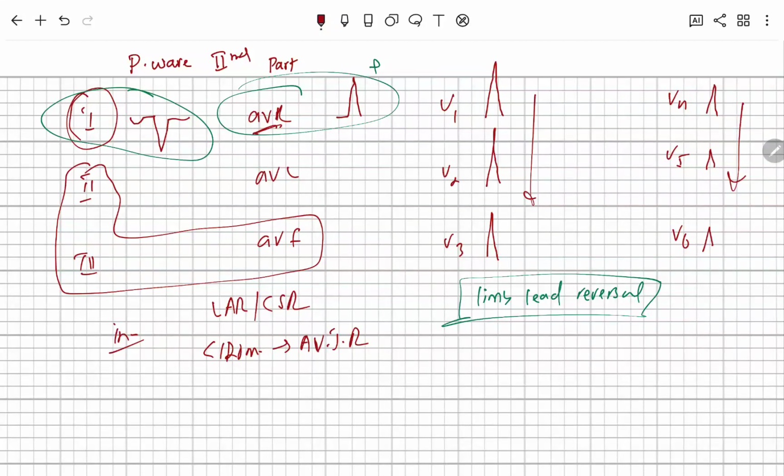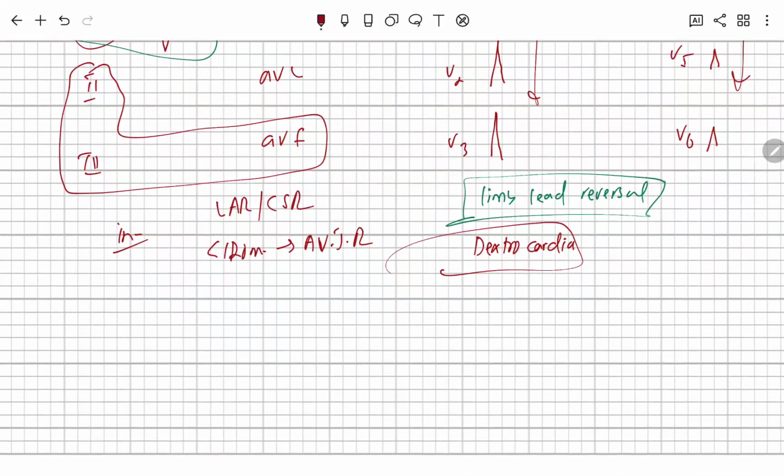Along with that, we have inverted P wave and QRS complex in lead 1, and positive QRS complex in lead AVR. This condition is seen in dextrocardia, so we need to keep this in mind. Alright, that's all about dextrocardia and limb lead reversal.